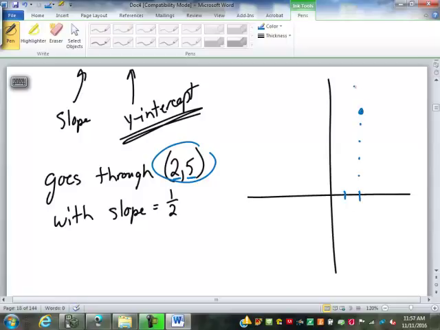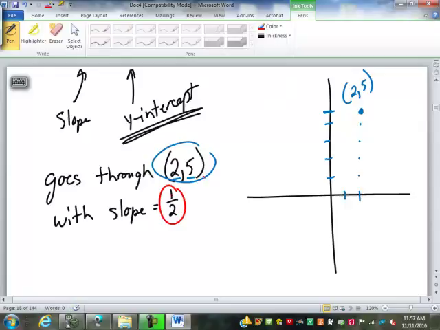So there is the point 2,5. So be very careful. Our coordinates work backwards compared to our slopes. So that is the point 2,5.